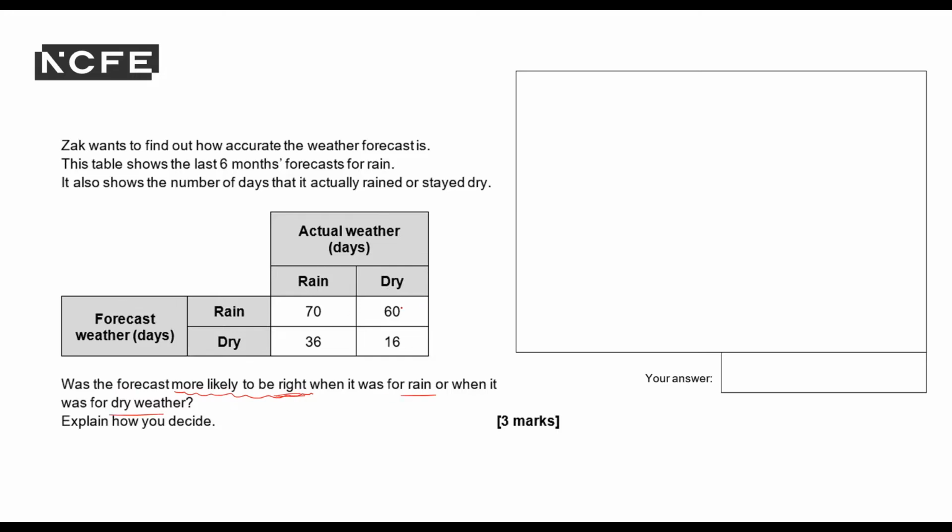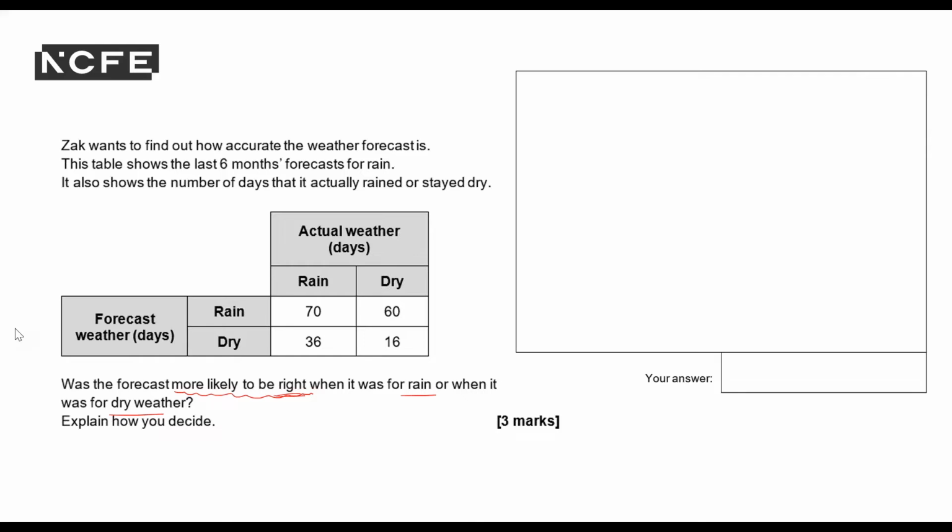So let's work out the probability of it being right for a rainy day or being right for a dry day. From looking, automatically I can say it's going to be more likely right when it's raining than dry, I think, because I've got 70 compared with the 16, but I need to see what that's out of. So let's do the maths.